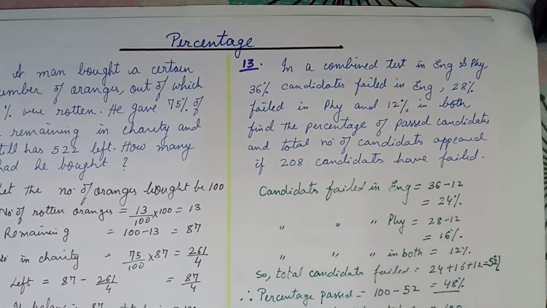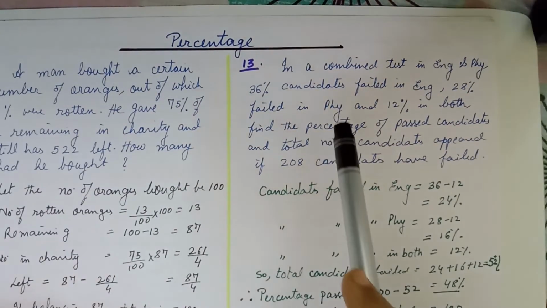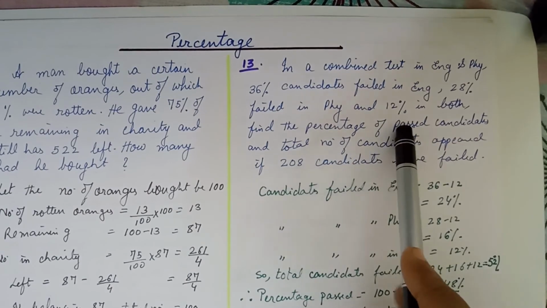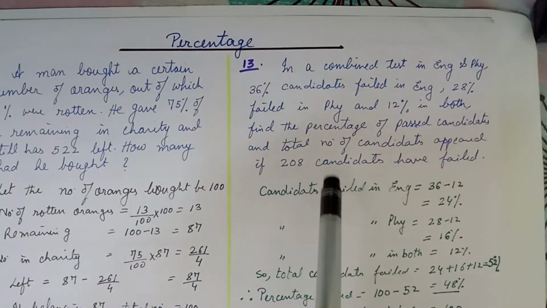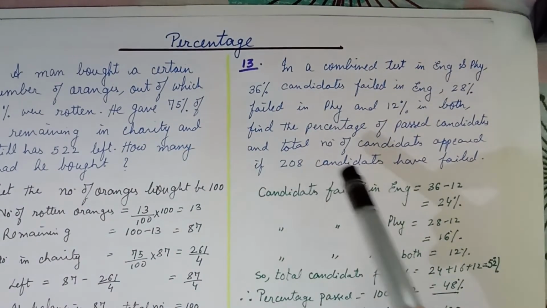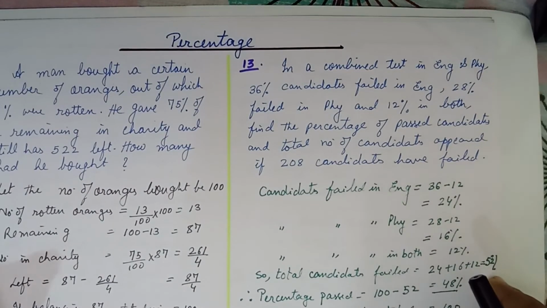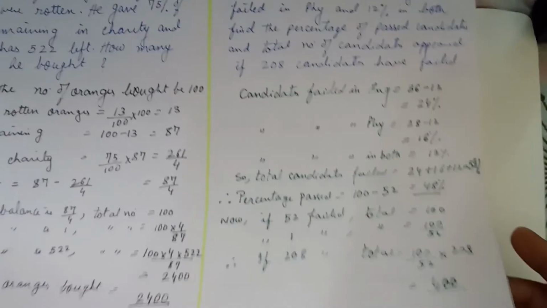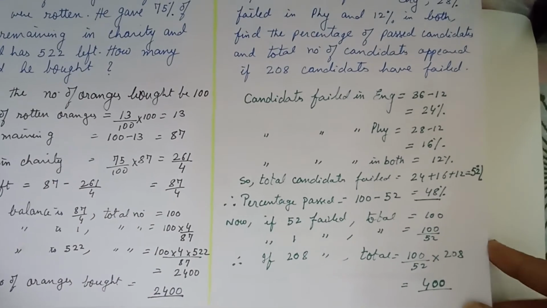So, according to the question, in English 36, in physics 28 and in both 12. If there were 208 candidates who failed, you have to find out the percentage of the candidates passed as well as the total number of candidates.